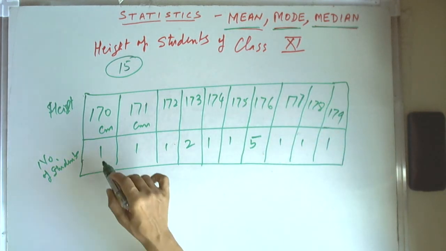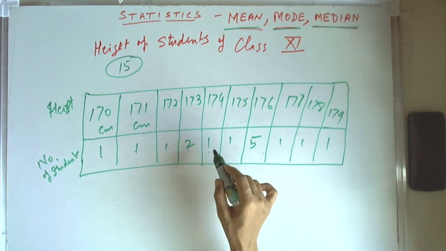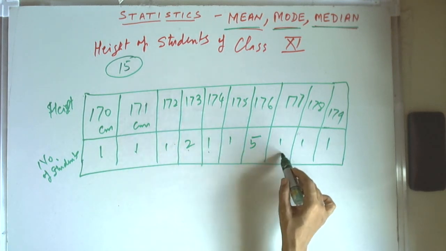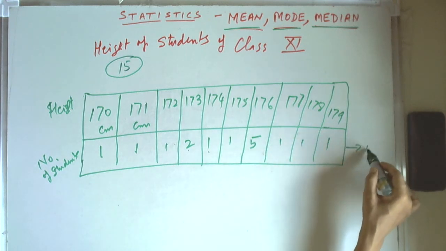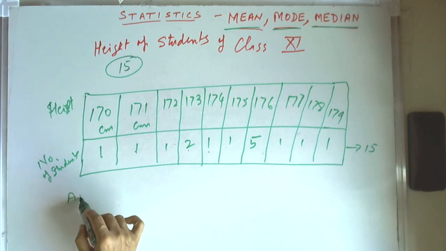So there are 15. 1, 2, 3, 5, 7, 8, 13, 14, 15. So total is 15. Now the first thing is average.